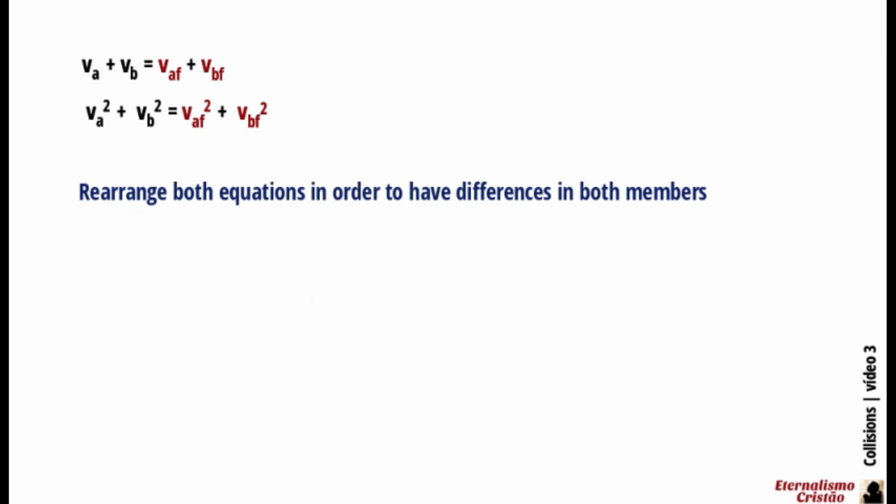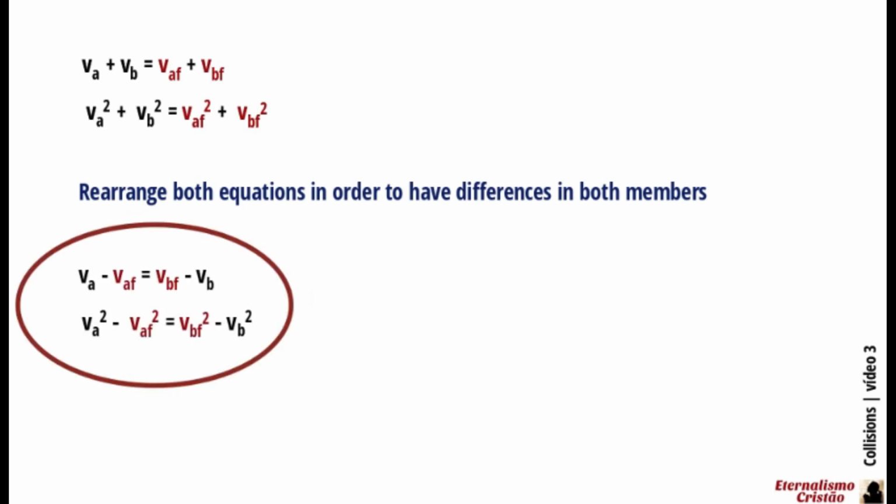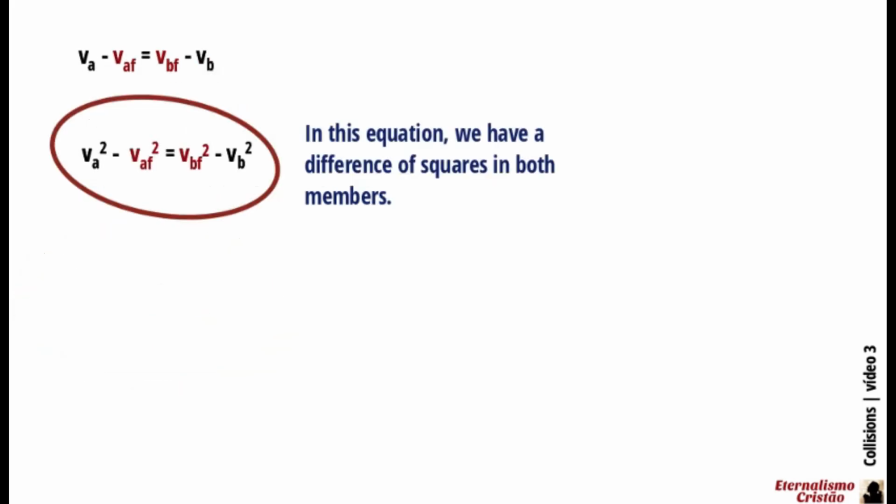Rearrange both equations in order to have differences in both members. In this second equation, we now find, in both members, a difference of squares. Unfold them.